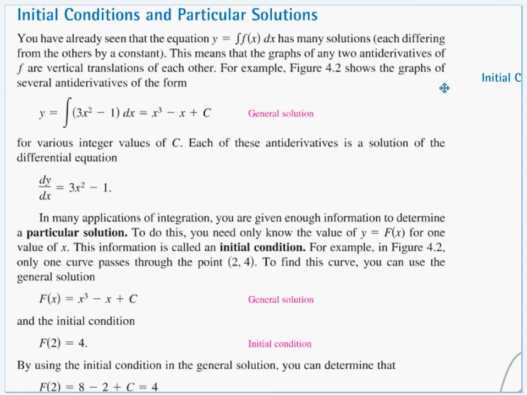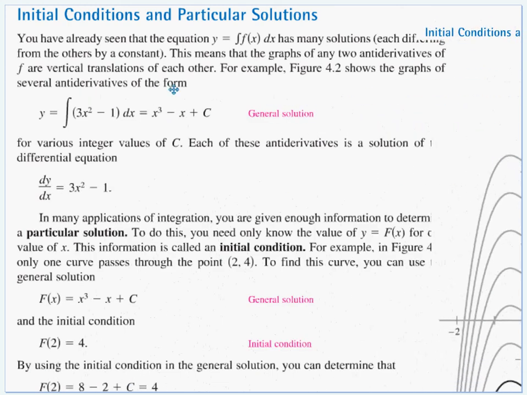And it says, for example, in the figure, it shows the antiderivatives of this, for various integer values of c. Each of these antiderivatives is a solution to this differential equation, dy dx equals 3x squared minus 1, because if we derive x cubed minus x, we would get 3x squared minus 1.